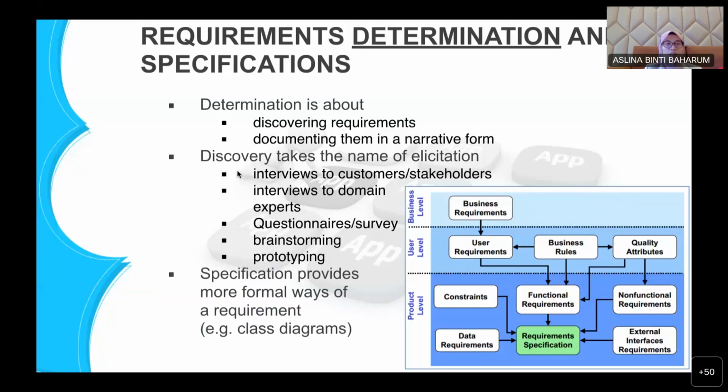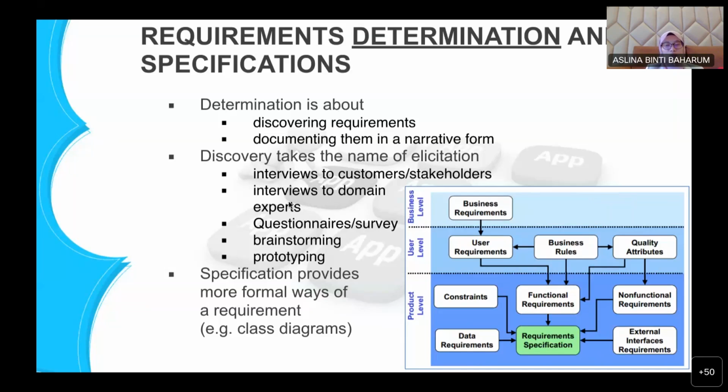If you still remember, discovery is part of the stages. Discovery is quite similar to elicitation, where you have a few techniques. Remember just now: ask, observe, and others. Normally you also always do interviews and surveys to find requirements. Actually it is more than that.